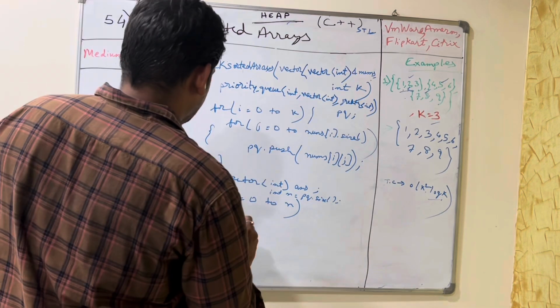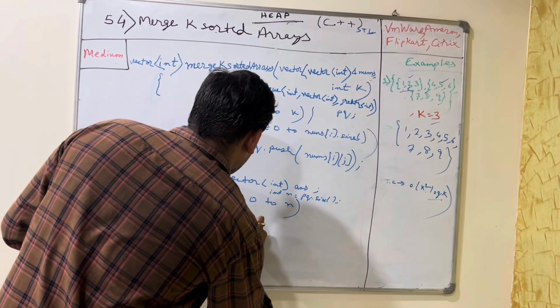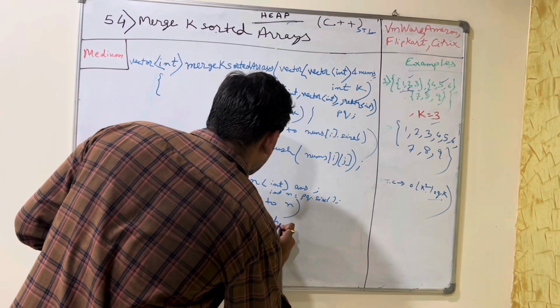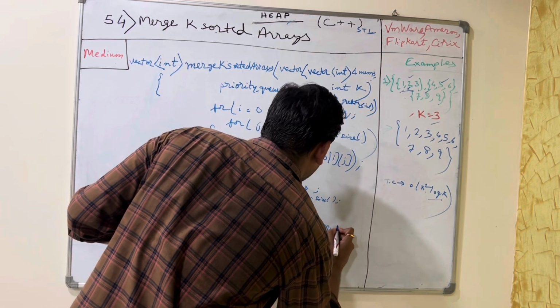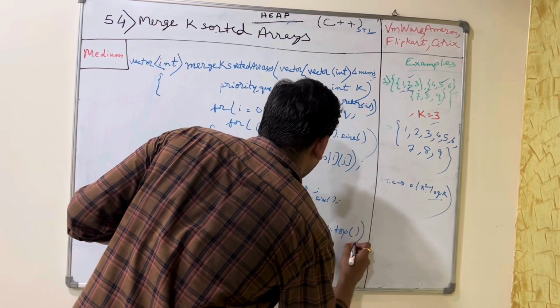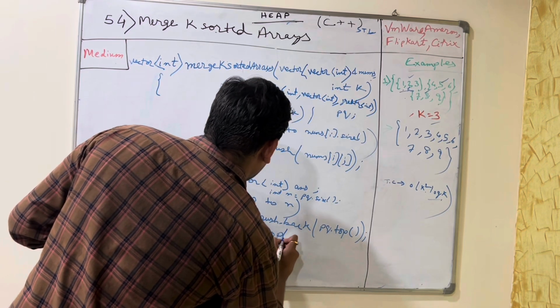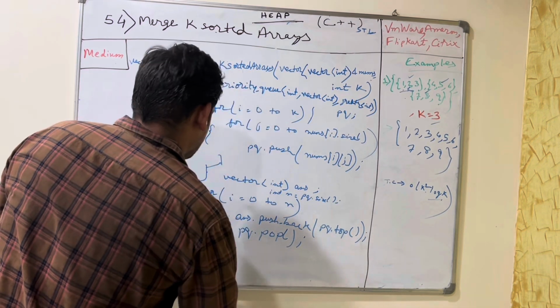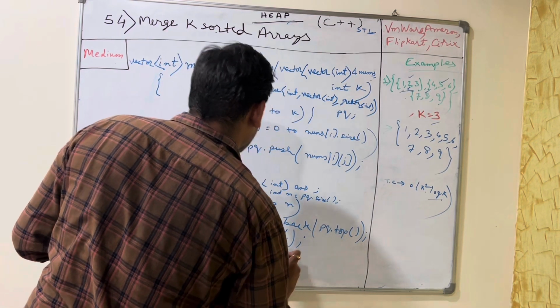Since it's a min heap, we do answer dot push back of the topmost element of the priority queue because that will be the smallest, and then we pop it out. Okay, and then we return our answer.